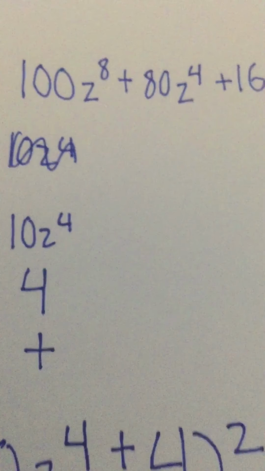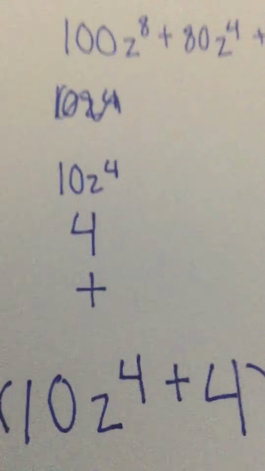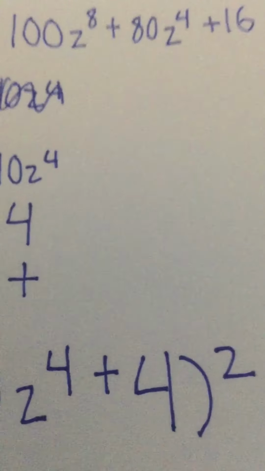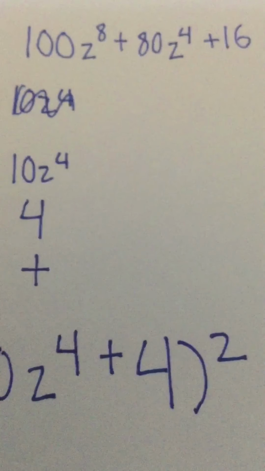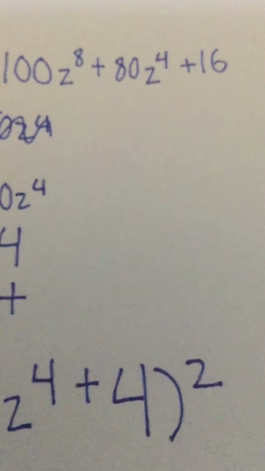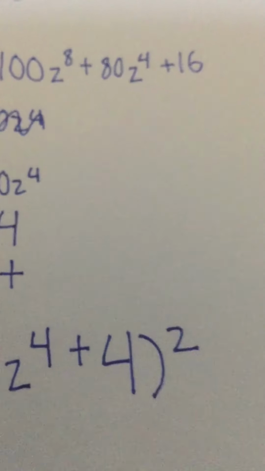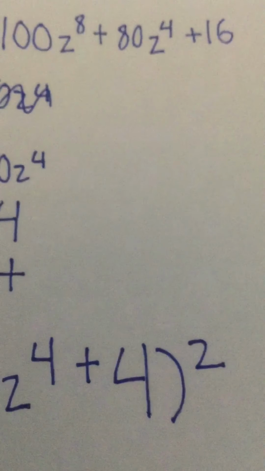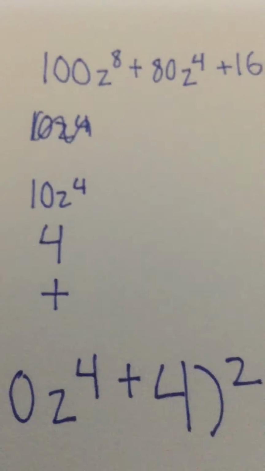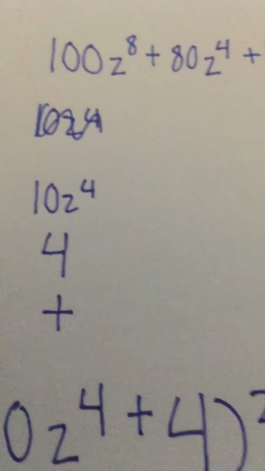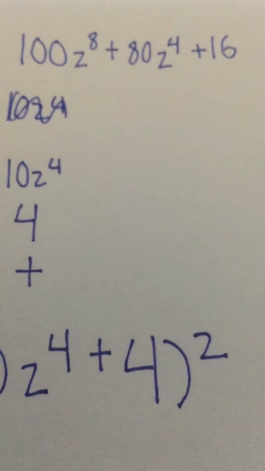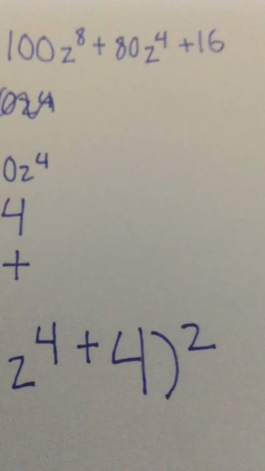It is because 10z to the 4th power times 4 would be 40z to the 4th power. The rule says that the middle term should always be twice the product of the square roots of the first and last terms. So 40z to the 4th power times 2 would be 80z to the 4th power.